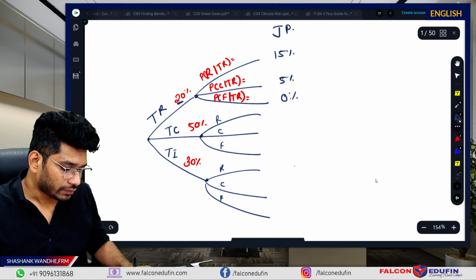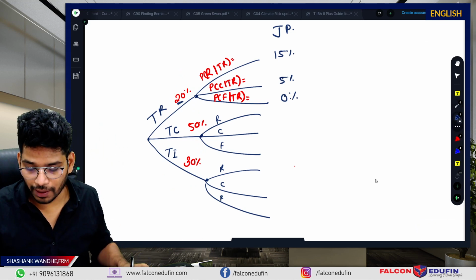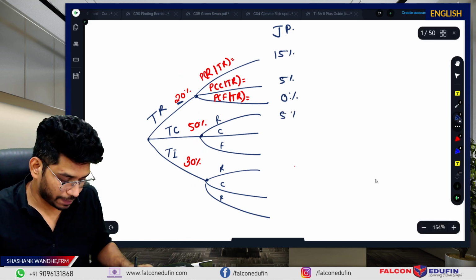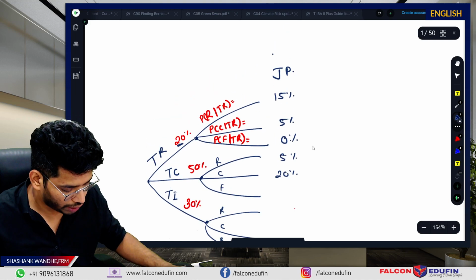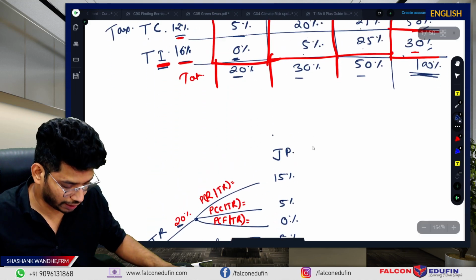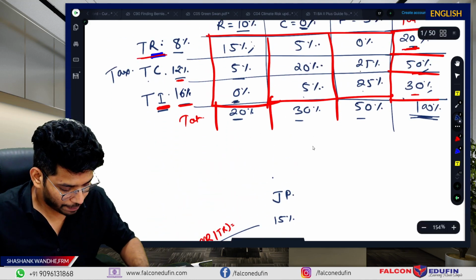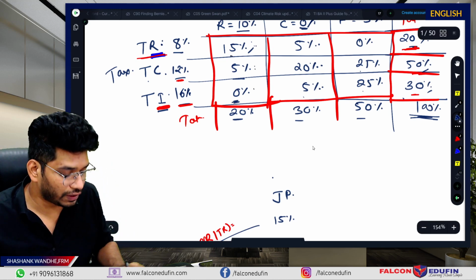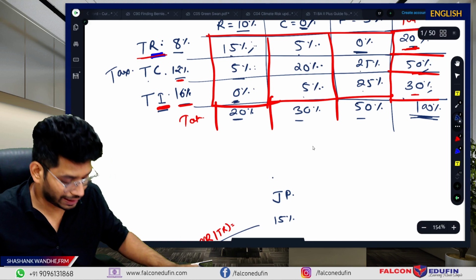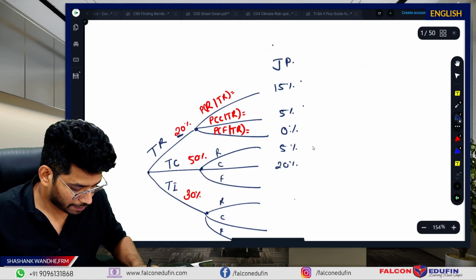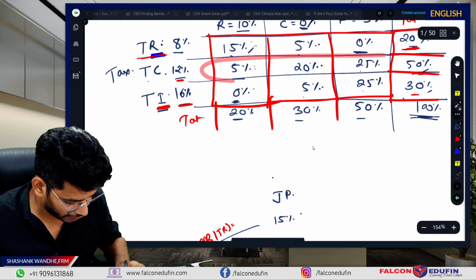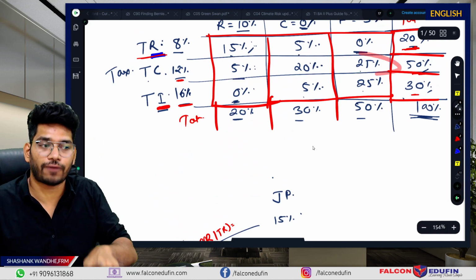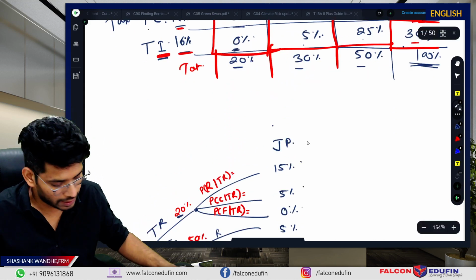Now next, again, we have the joint probabilities for the next section, which is 5%. Then we have 20%. I'm doing nothing but just noting all these probabilities here. So 15%, 5%, 0%. The next is this section, that is if the tax rate is constant, then 5%, 20%, 25%.